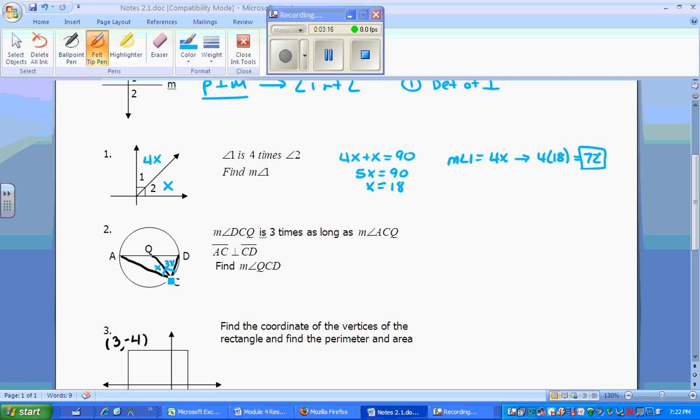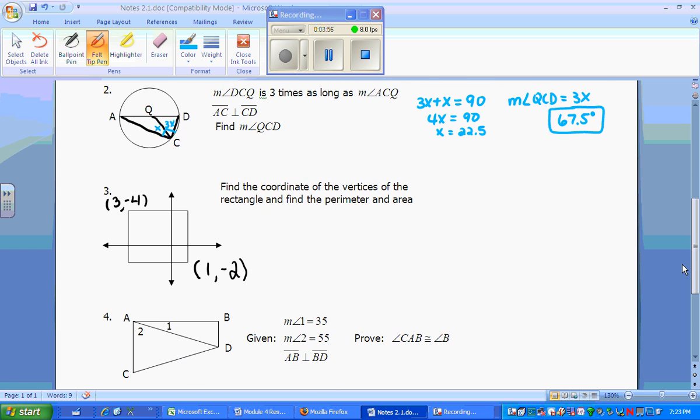So there's a right angle at ACD, which now we can plug in the idea from number 1 into number 2 and say 3x plus x equals 90. So that's 4x equaling 90, x equaling 22.5, and we want to find the measure of angle QCD, which equals 3x. So 3 times the 22.5 is 67.5 degrees.